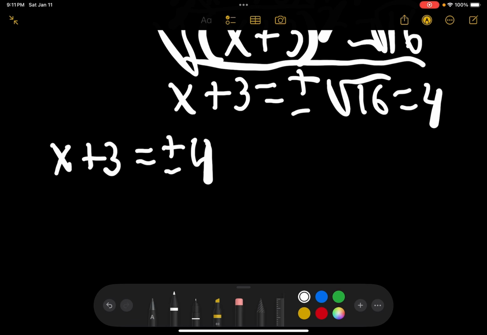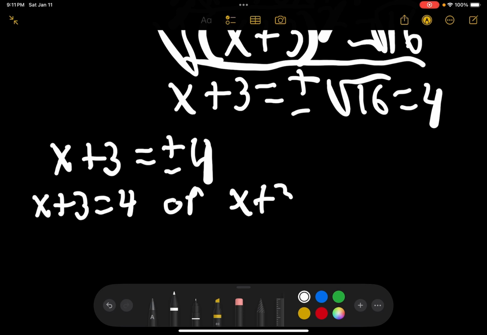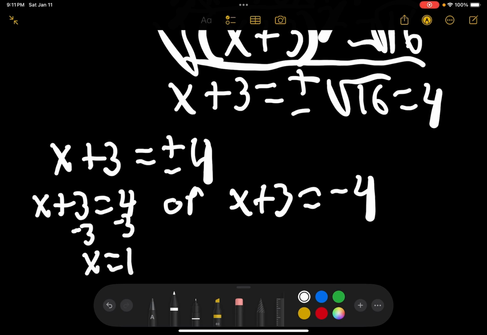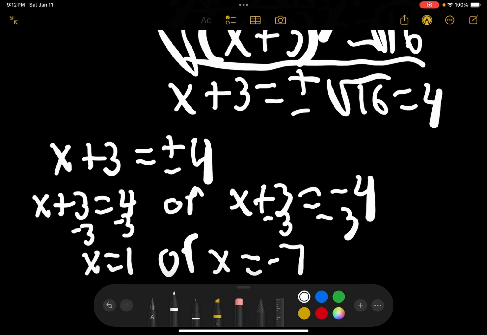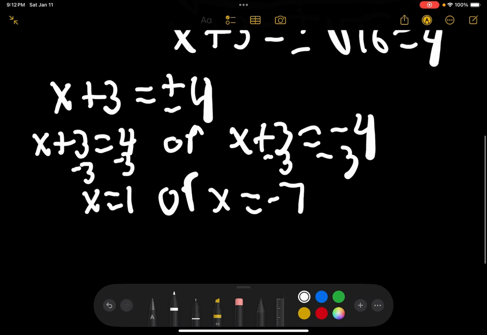Our two scenarios are x plus 3 equals positive 4, or x plus 3 equals negative 4. So minus the 3 here, minus the 3 here: x equals 1, or x equals negative 7. So this is your answer right here: x equals 1 or x equals negative 7.